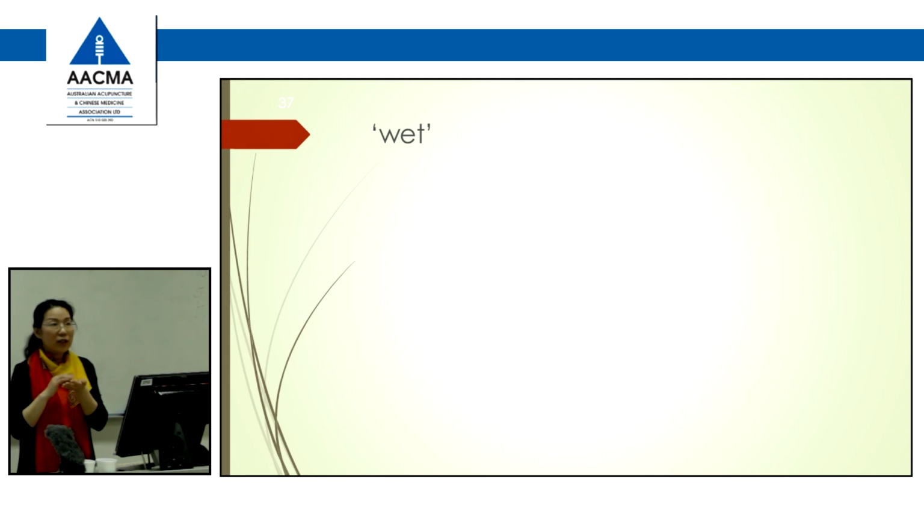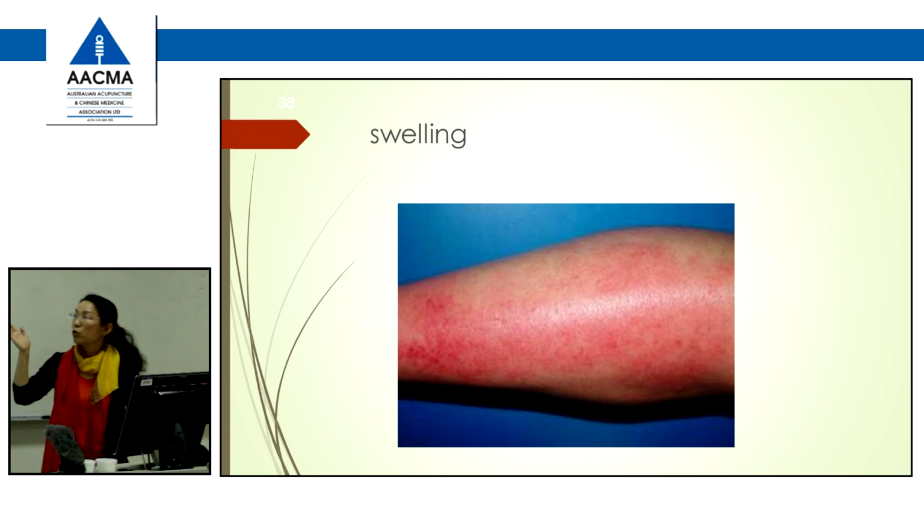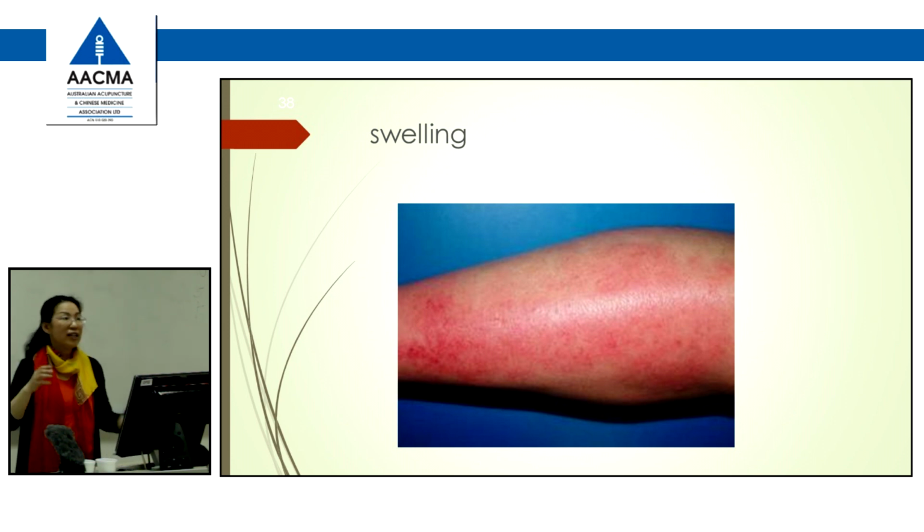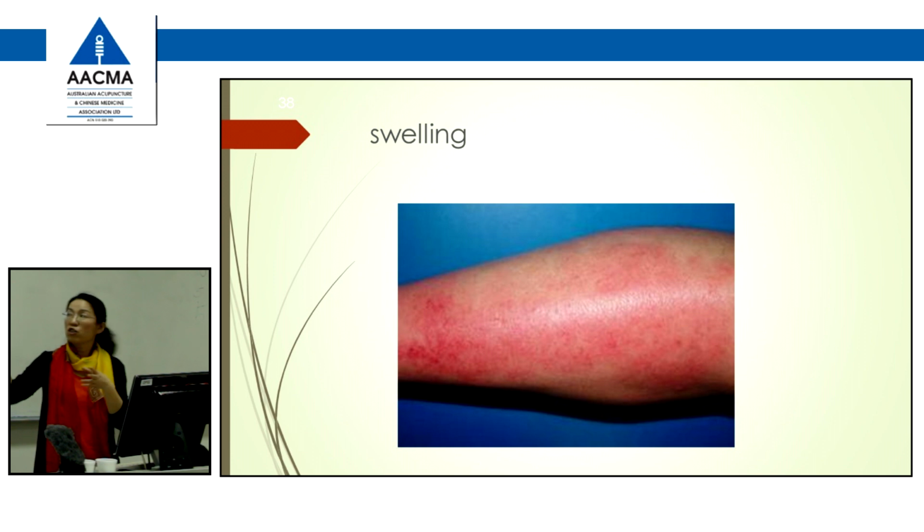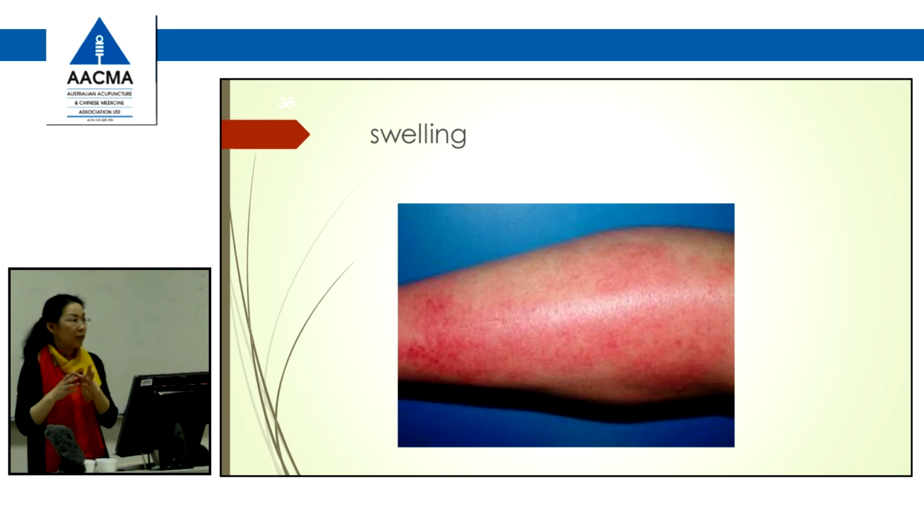We'll give you some examples. That's swelling. It's red and it's 粗，比平常的肢体要粗一些，所以它是一个肿胀的状态。Yeah, that's enlarged than the normal situation.